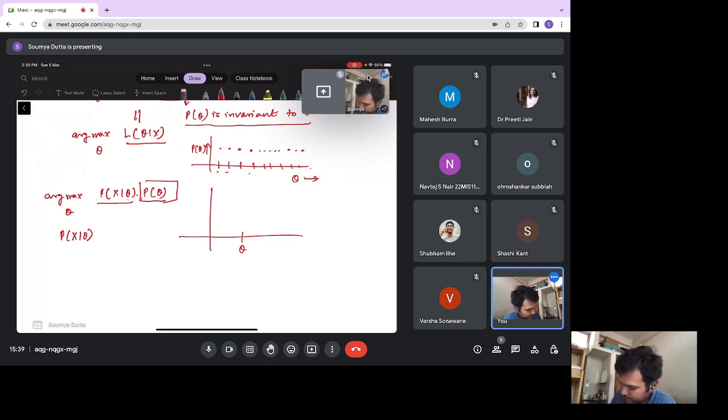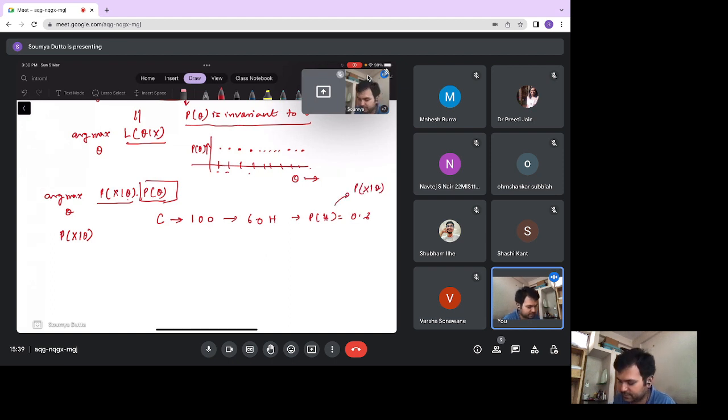So let's take the head and tail example. I have taken a coin, tossed it 100 times, and got 60 heads, and the probability of head I have got is 0.6. That is the MLE estimate, that is nothing but P of x given theta. When you try to maximize this, it will come out to be 0.6.